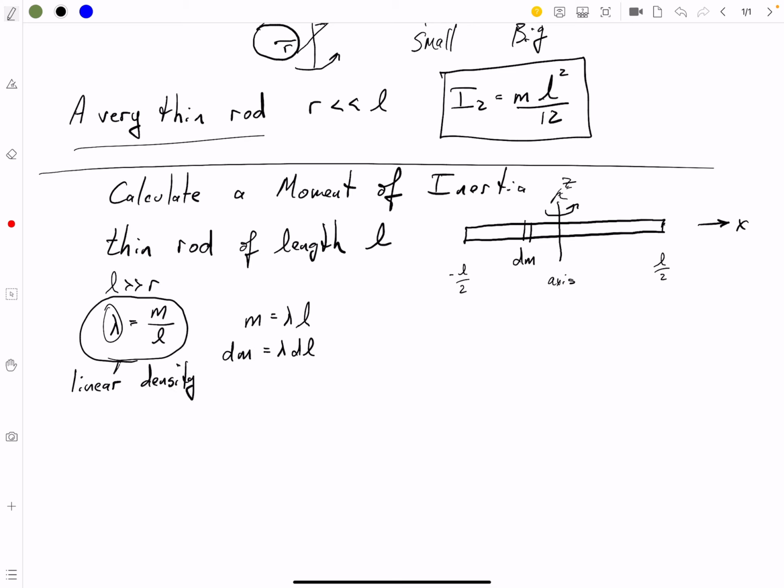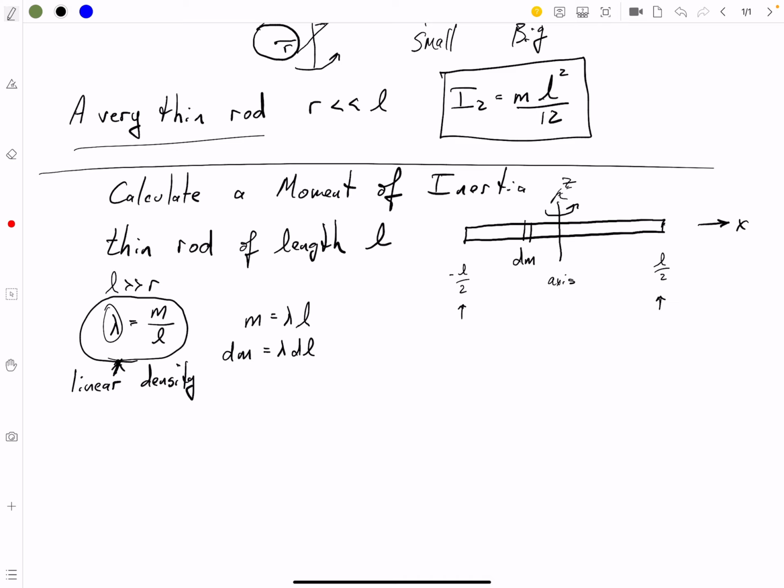It's always important that if you're doing volumetric stuff, you want the volumetric density, and if you're doing linear stuff, you want the linear density. We're doing linear. We're going to actually integrate from here to there in the end. Okay, so far so good.